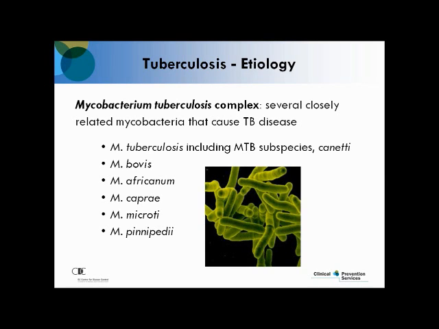Tuberculosis etiology. Mycobacterium tuberculosis complex. Mycobacteria are members of a bacteria family. These organisms can cause a variety of diseases. Some mycobacteria are called tuberculosis because they cause TB disease or diseases similar to TB.